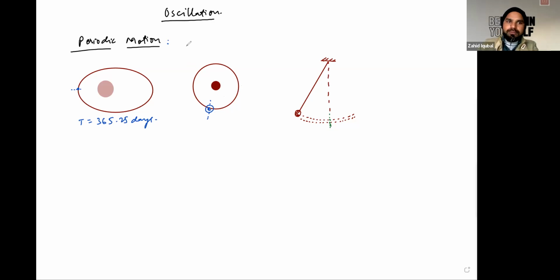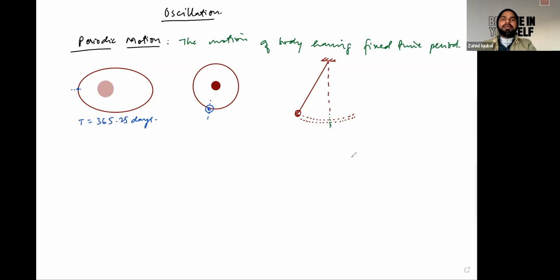So we may define periodic motion as the motion of a body having fixed time period is called periodic motion. Now there is some special property of periodic motion in case of simple pendulum other than these two terms.